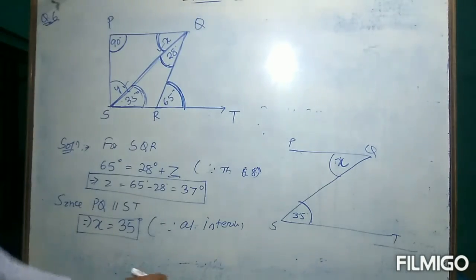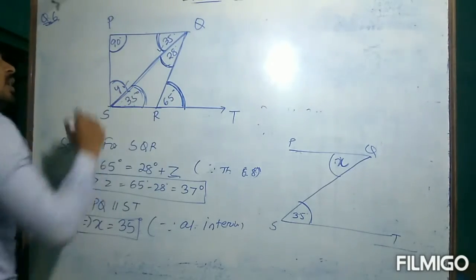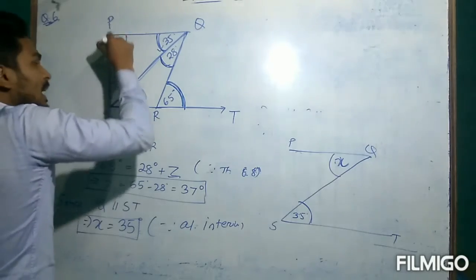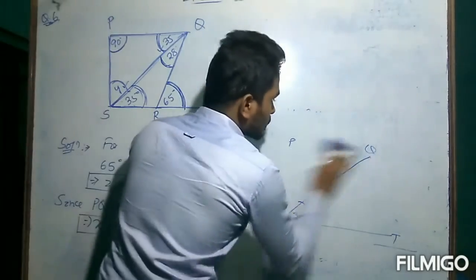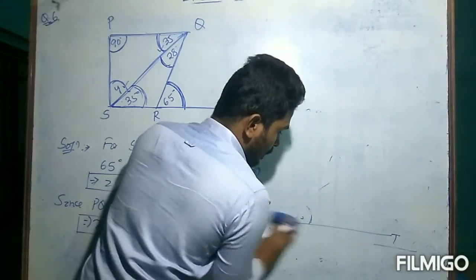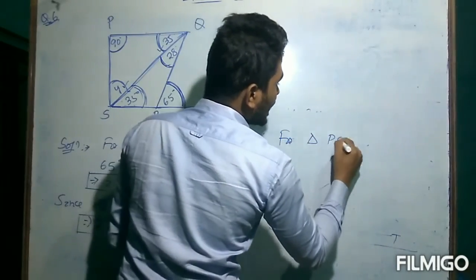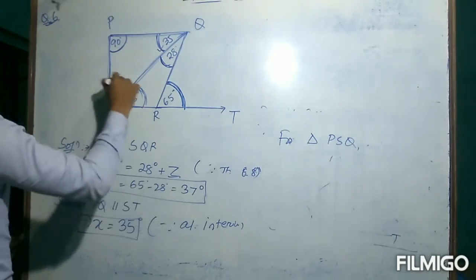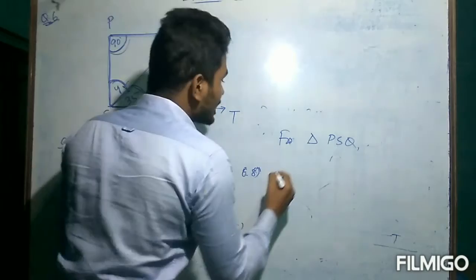Now we will find another variable y. How? By considering PSQ as a triangle. If we consider PSQ as a triangle, then we know the sum of three angles of a triangle is 180 degree according to theorem number 6.7.